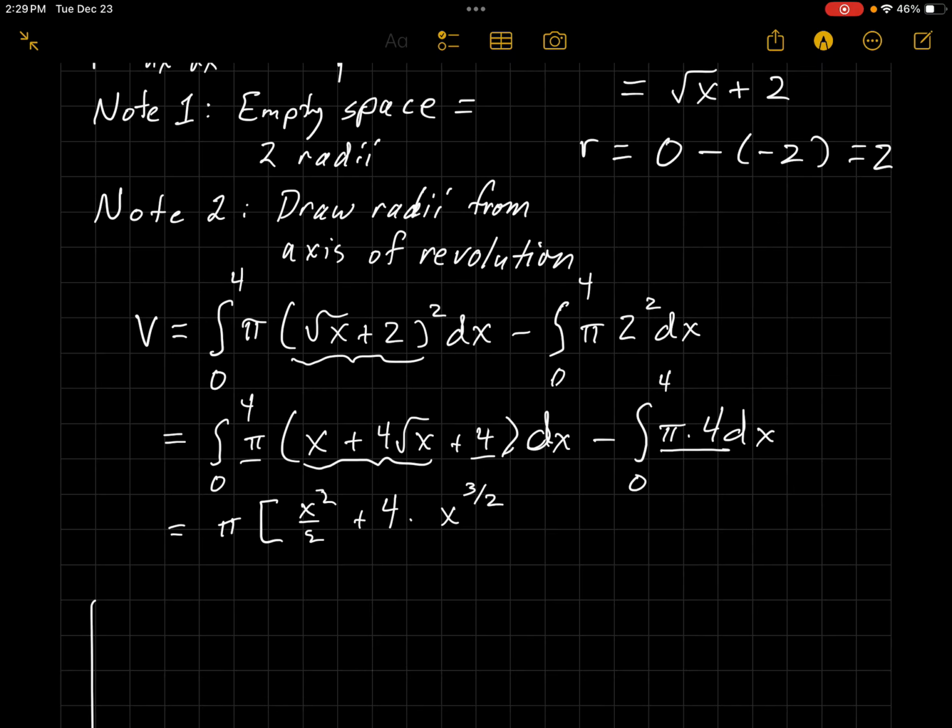Antiderivative of root x is x to the 3 halves divided by 3 halves. And then we can plug in our top limit. 4 squared over 2 plus 8/3 times 4 to the 3 halves, which is the square root of 4 cubed. Then subtract our lower limit. And you can simplify that if you would like to.